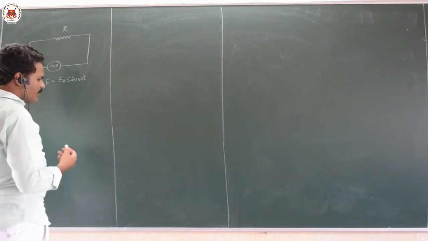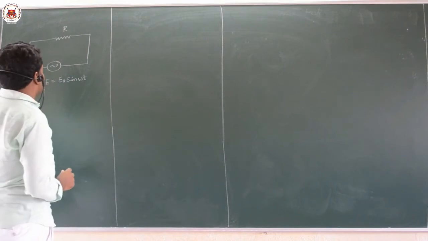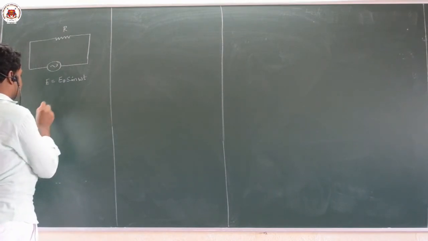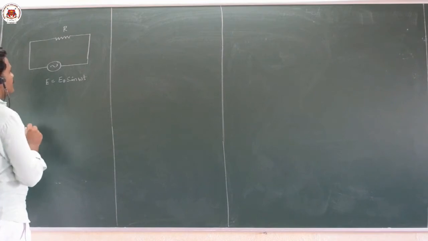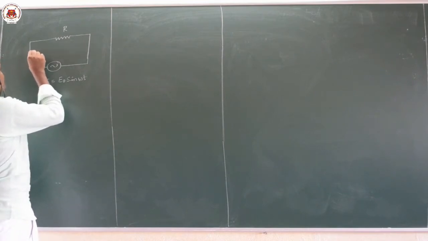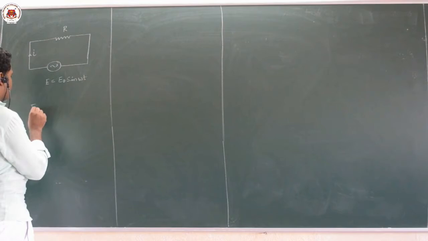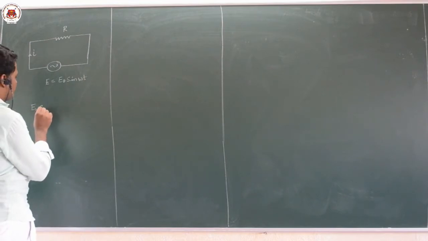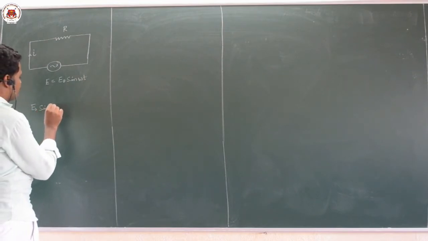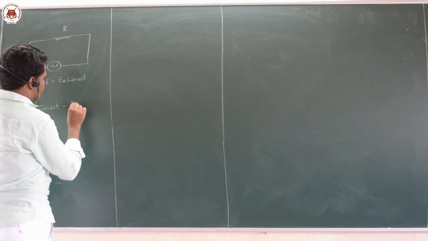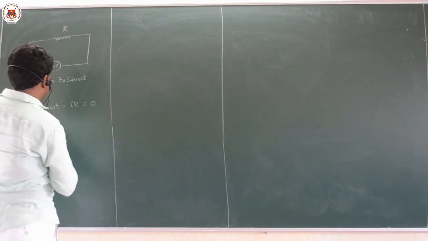Let us examine how this resistor works. If you apply Kirchhoff's loop law, let us take current I flowing through the circuit. The algebraic sum of all potential differences through the loop must be equal to 0. E naught sin omega t minus I into R is equal to 0.